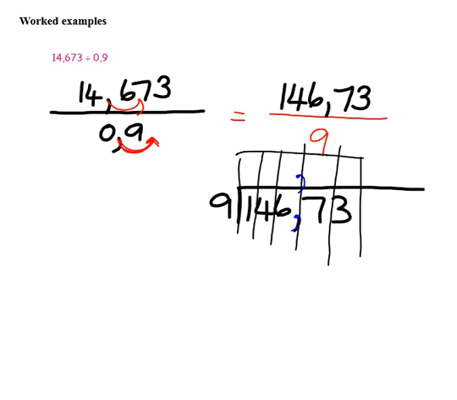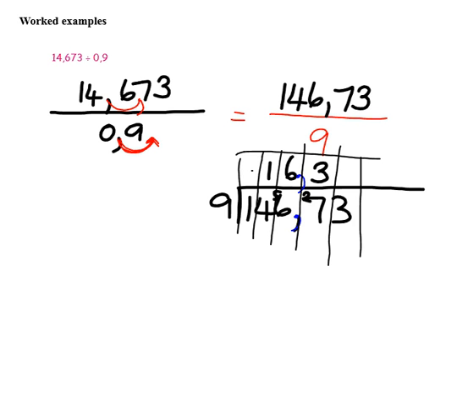I know that I must have those places filled up. So 9 goes into 1, can't go, put a dot. 9 goes into 14. 1 times 9 is 9, remainder 5. 9 into 56. 6 nines are 54, remainder 2. 9 into 27. 3, any remainder?